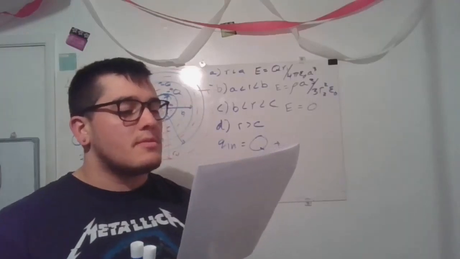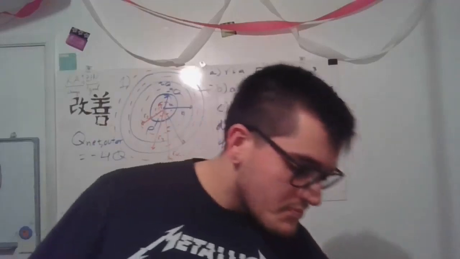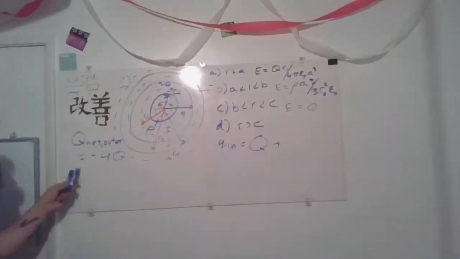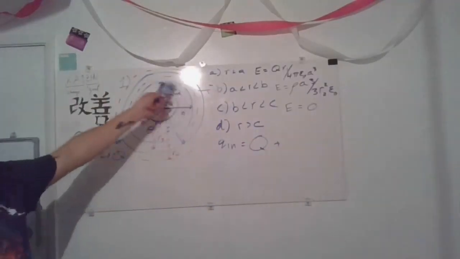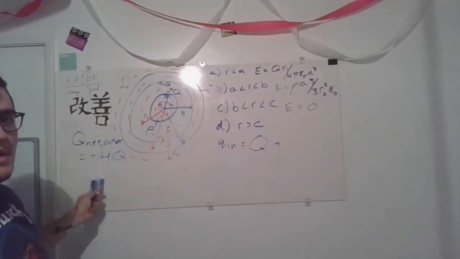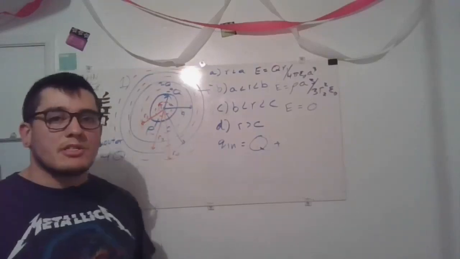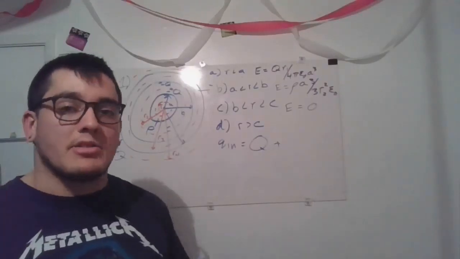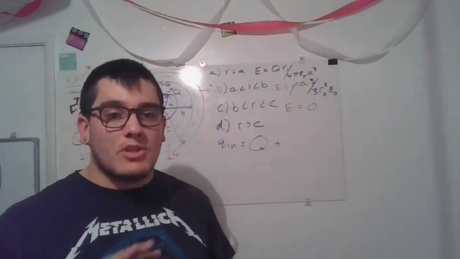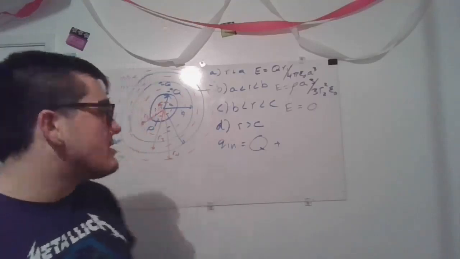Okay. So earlier we figured out that the outer shell has a net charge of -4Q. So that's going to be the total charge on that outer sphere. Let's just say we were given Q's. This is how it'll be easier.